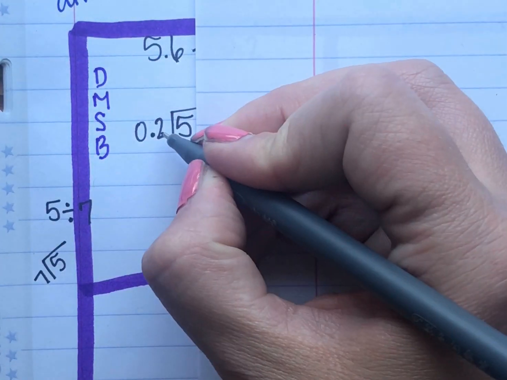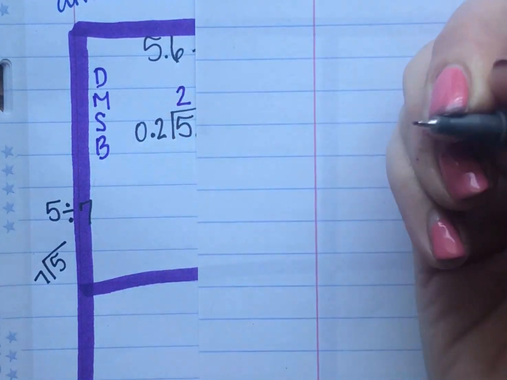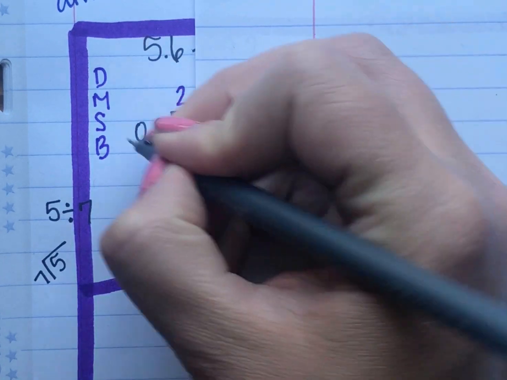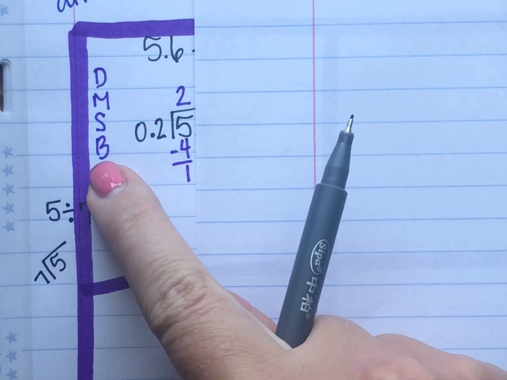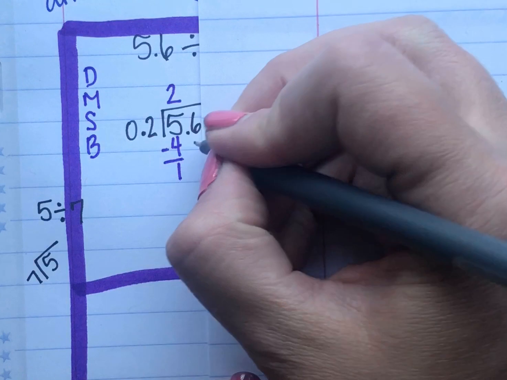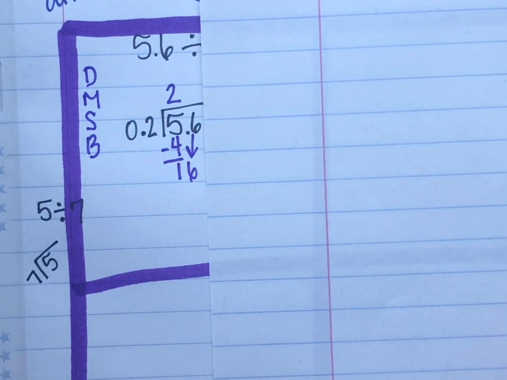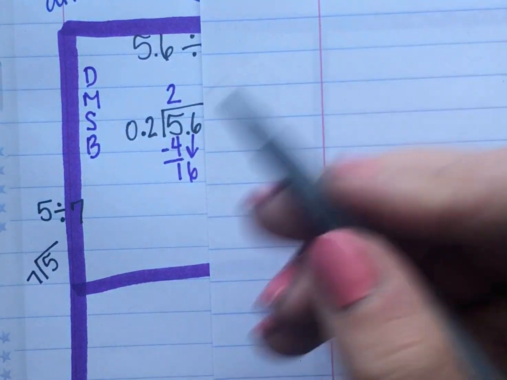First thing, we're going to divide. How many times does 2 go into 5? 2 goes into 5 2 times. Multiply, 2 times 2 is 4. Subtract and get 1. And then it says bring down. Here's where the slide comes in. I'm going to slide and I'm going to bring down the 6. It just helps me to not have more information than I need, and it helps me to keep things lined up, right here, nice and lined.